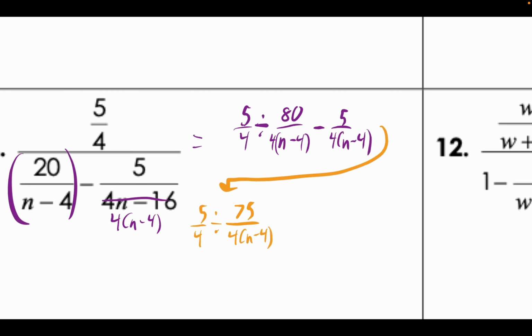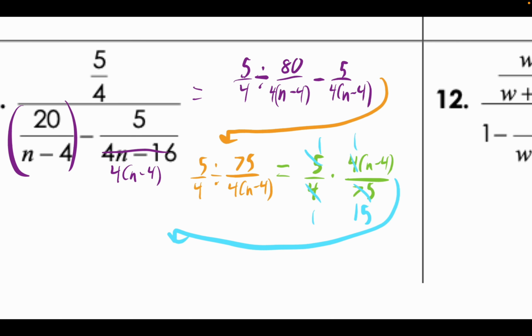Now, you'd be more than welcome to once again skip this orange step and go straight to the green step if you would, where we turn it into multiplication by the reciprocal, which is 5 over 4 times n minus 4 over 75. And now I look to reduce. 5 and 75 reduced by 5 become 1 and 15. And the 4 is reduced as well. And so I get n minus 4 over 15.